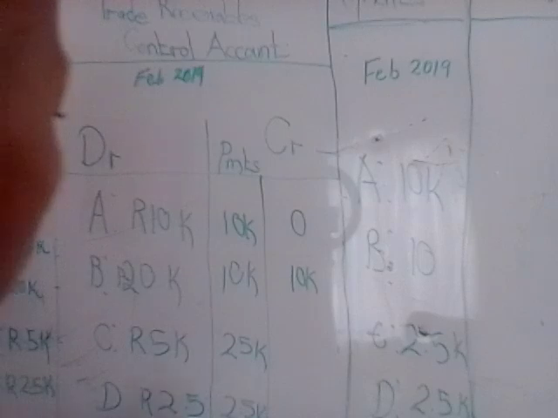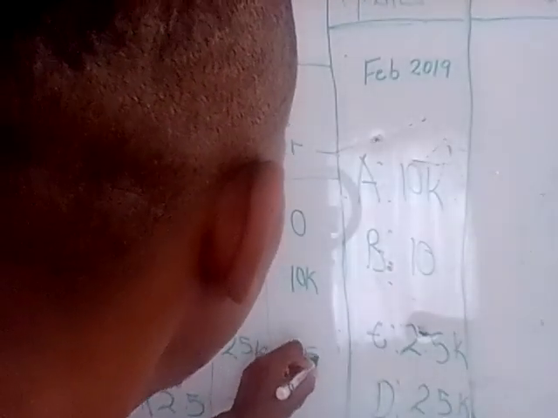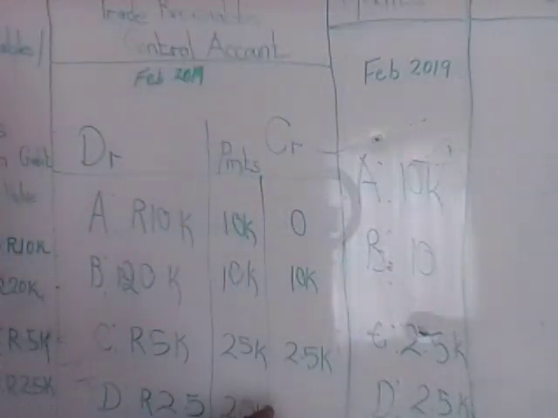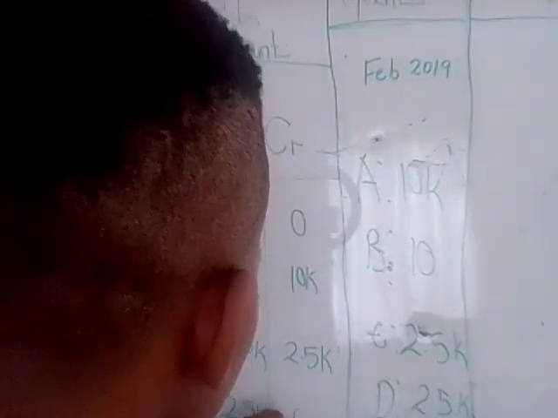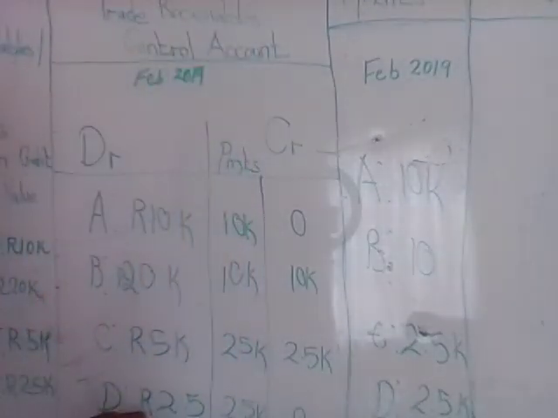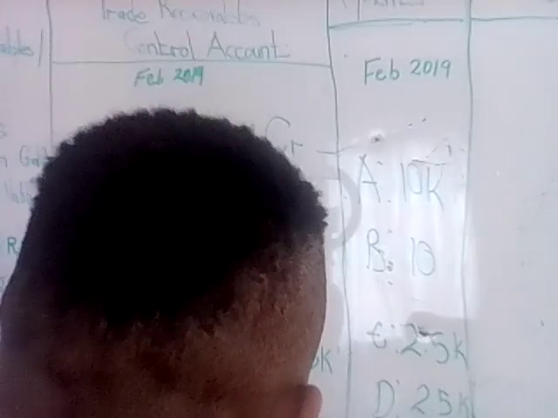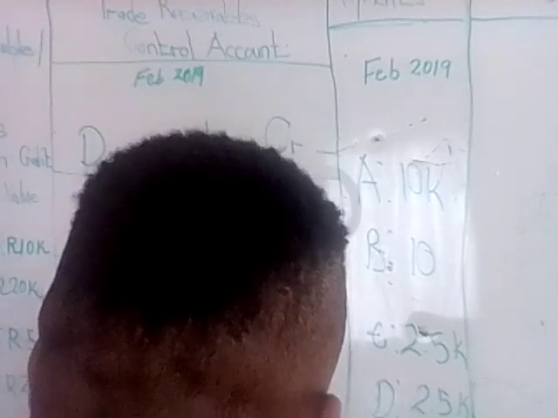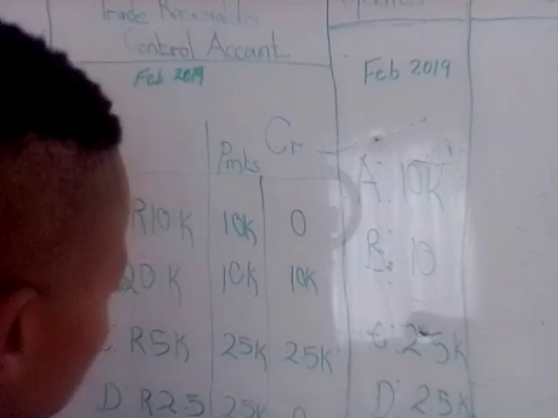And as for C, it looks like he owes 2.5 thousand rands because he paid 2.5 thousand rands against 5,000 rands. And as for D, it looks like he paid up his account because he paid 2.5 against 2.5. And as for E, it looks like he still owes 1.5 because he has not made any payment whatsoever. So let's do that.